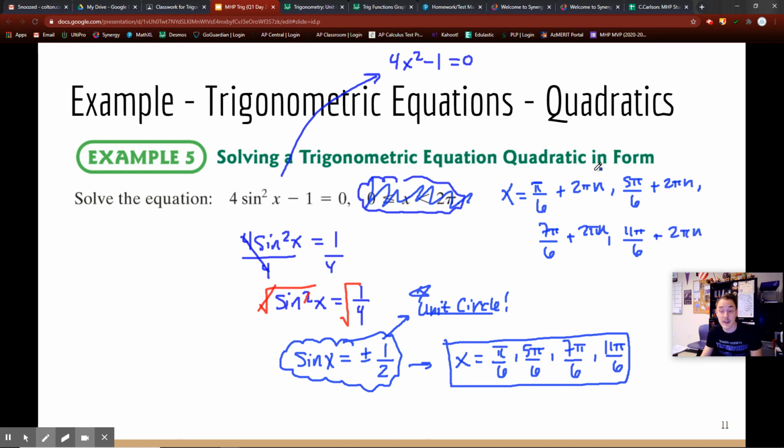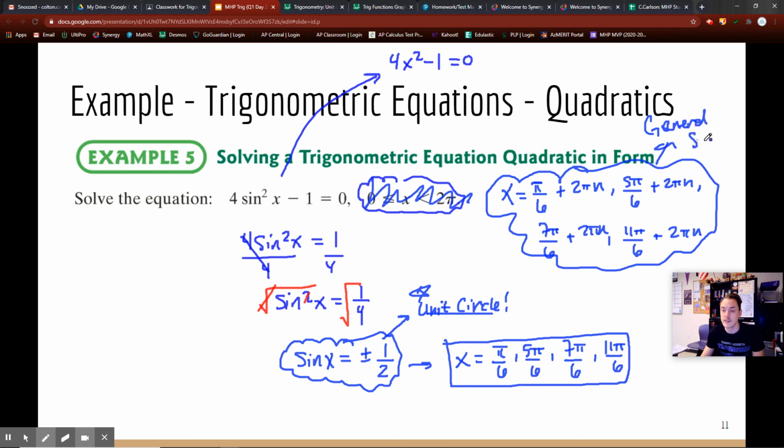So if it didn't give me an interval right here, this is what we call the general solutions.